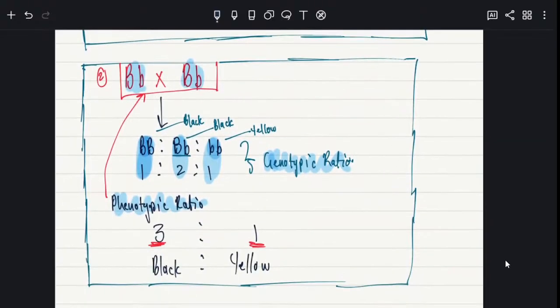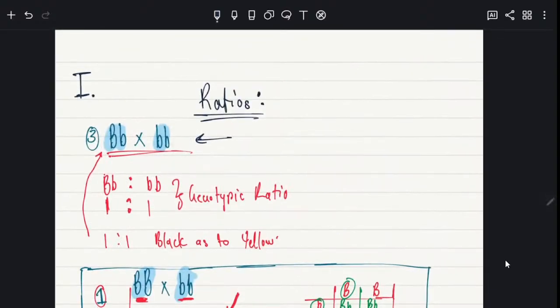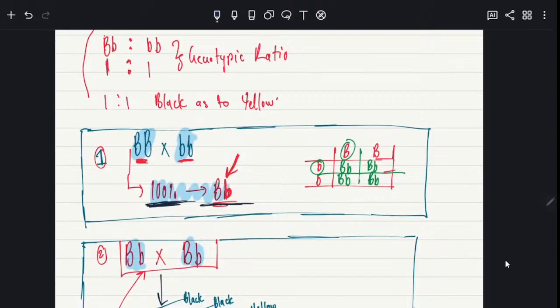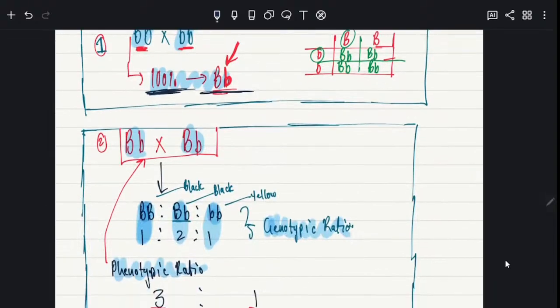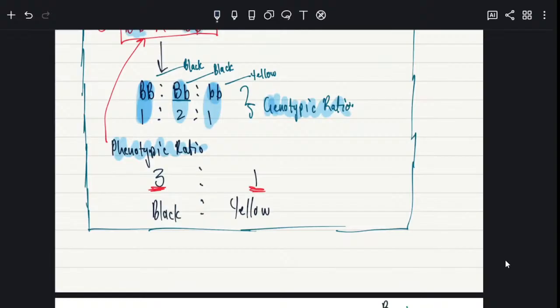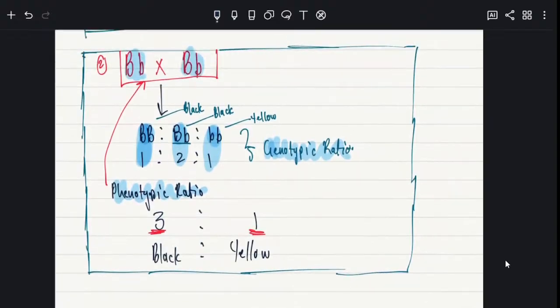But if you cross heterozygous and heterozygous, so we crossed heterozygous and homozygous, homozygous and homozygous, heterozygous and heterozygous. So these are the 3 we crossed. And here you get a 3 to 1 phenotypic ratio. The genotypic ratio is 1 BB to 2 Bb to 1 bb. You should know this.